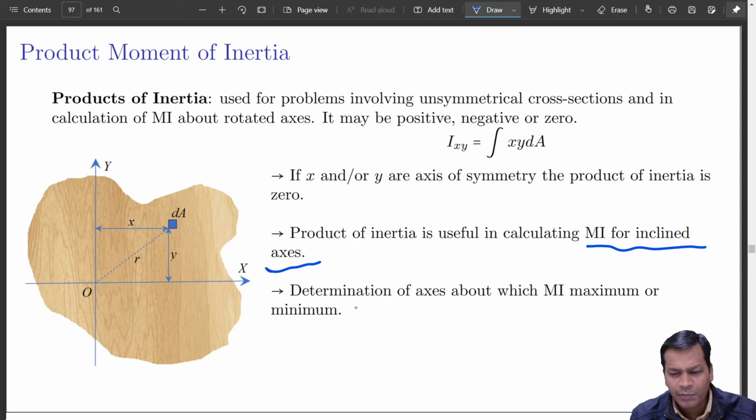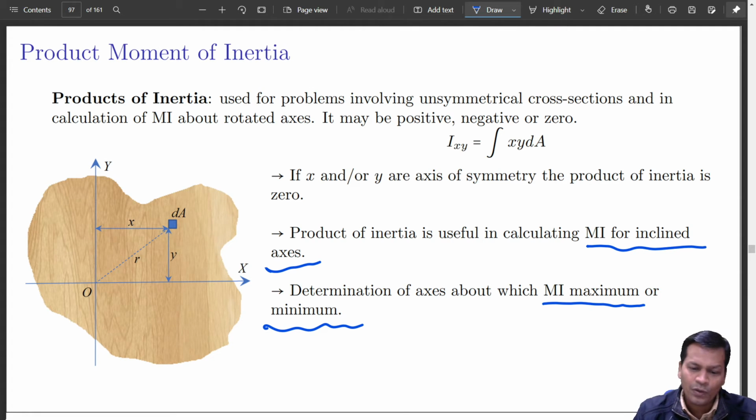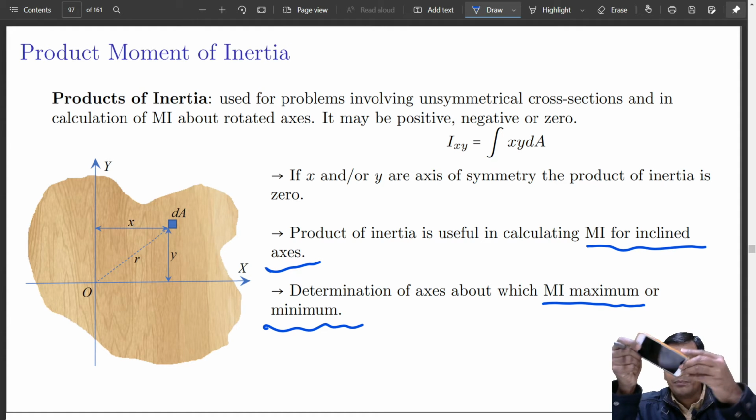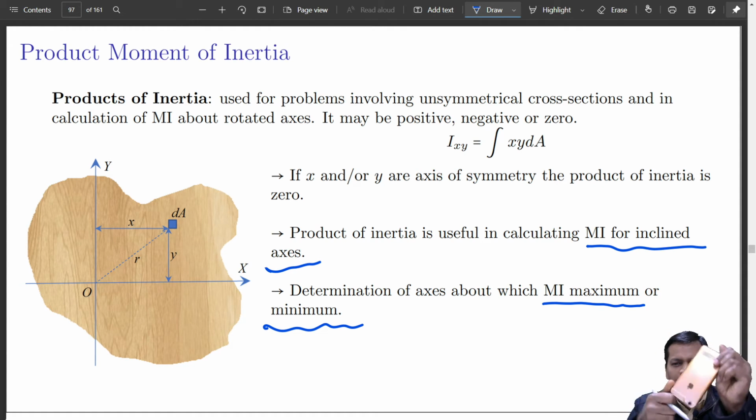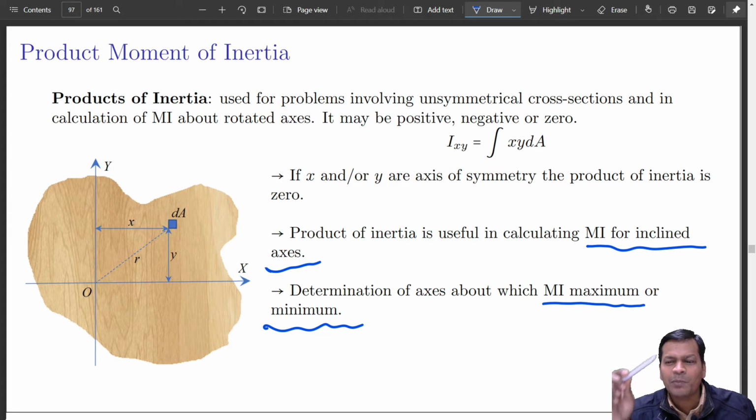Determination of the axis about which MI is maximum or minimum also can be done. If I am going to rotate this object in space, what is the axis about which, if I rotate, I'll see the minimum amount of torque required to rotate it?